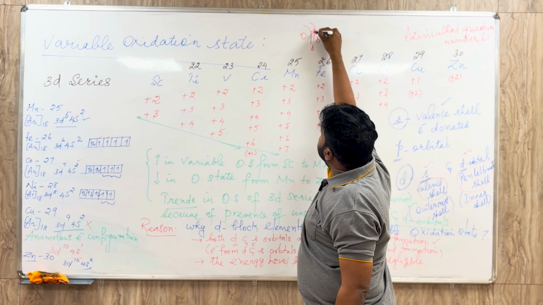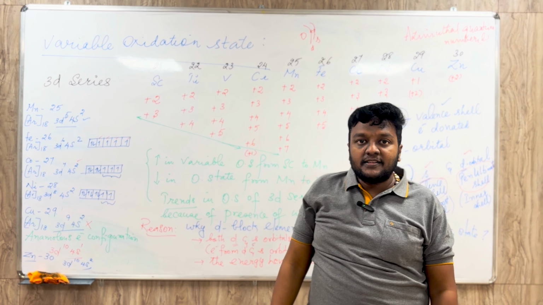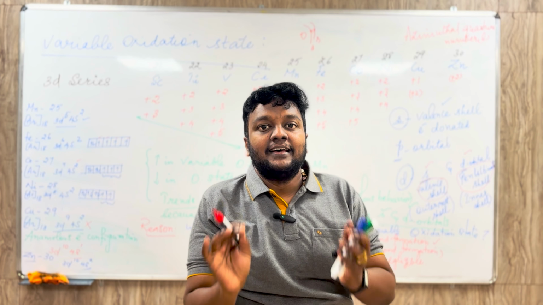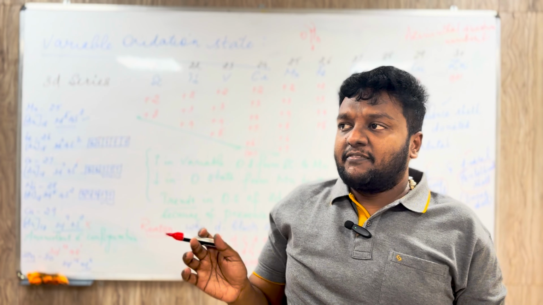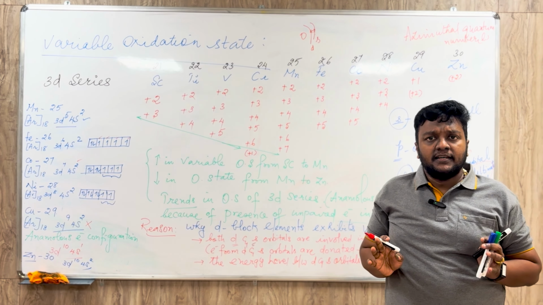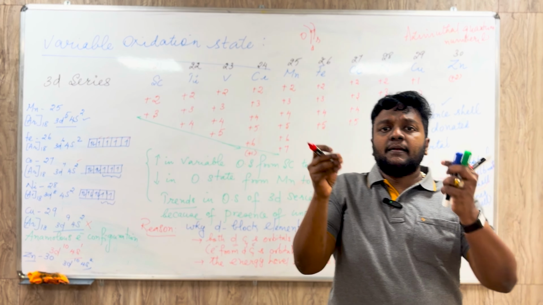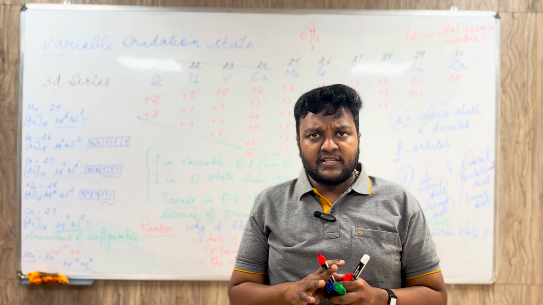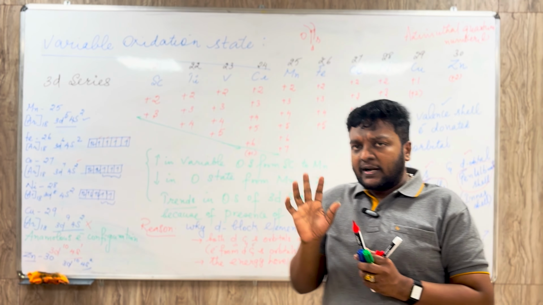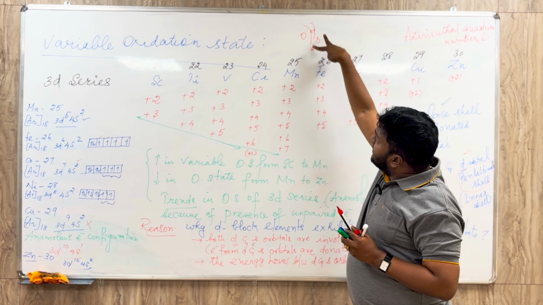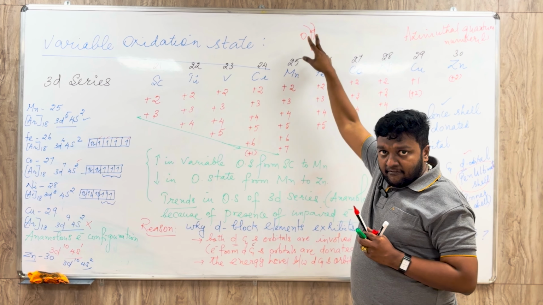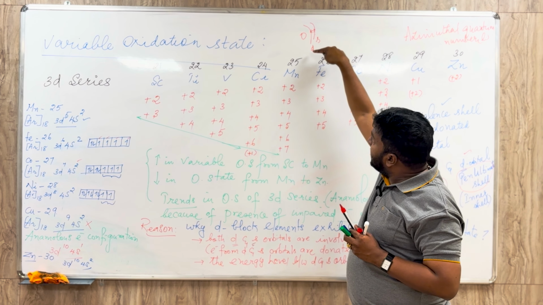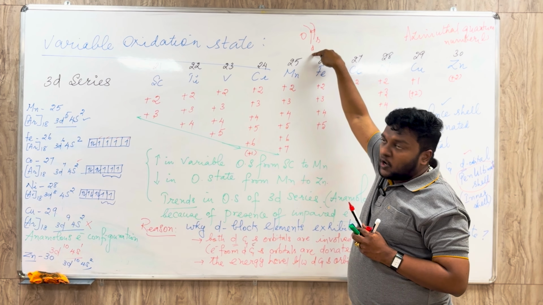So the energy difference between this d and s orbitals is more or less negligible, or otherwise it has equal energy. The energy difference is not much pronounced, it is less pronounced. Different terminologies, synonyms. So what you have to understand is that the energy level between the d, the inner orbital, and the outermost orbital is negligible.